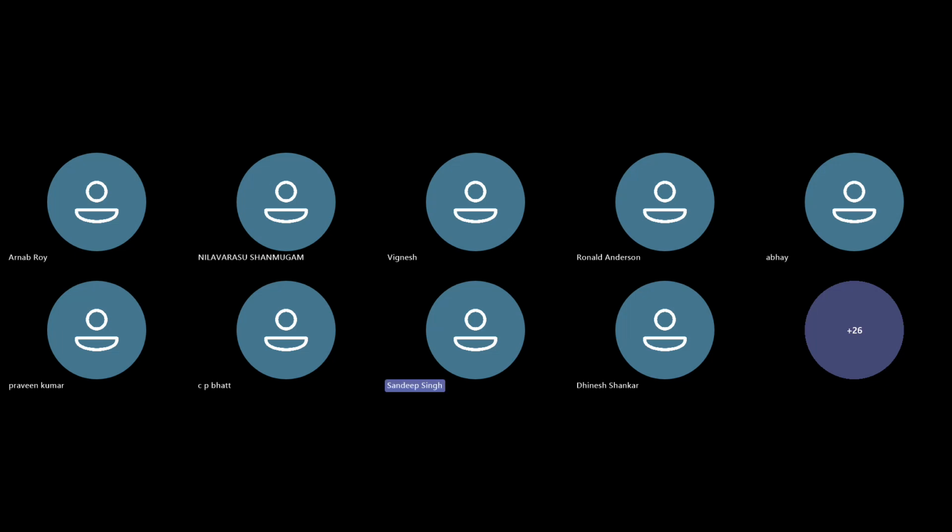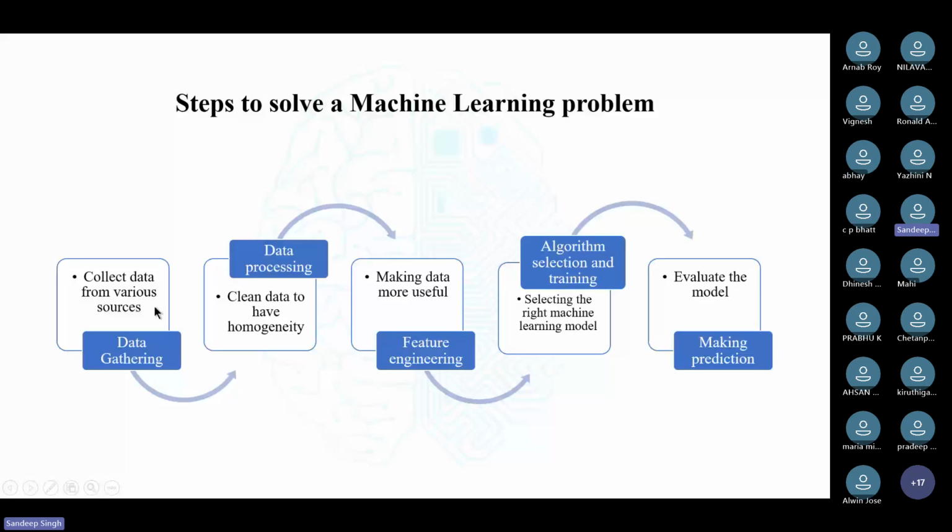So moving forward, what are the different steps to solve a machine learning problem? There are basically 5 steps to solve any problem, whether it is machine learning, artificial intelligence, or deep learning. The first step is collection of data. We require some amount of data based on the problem in hand.